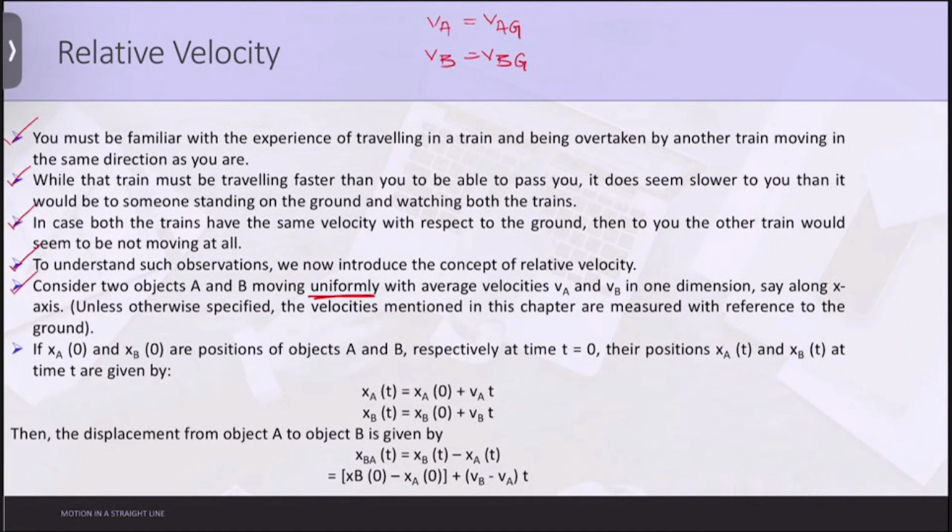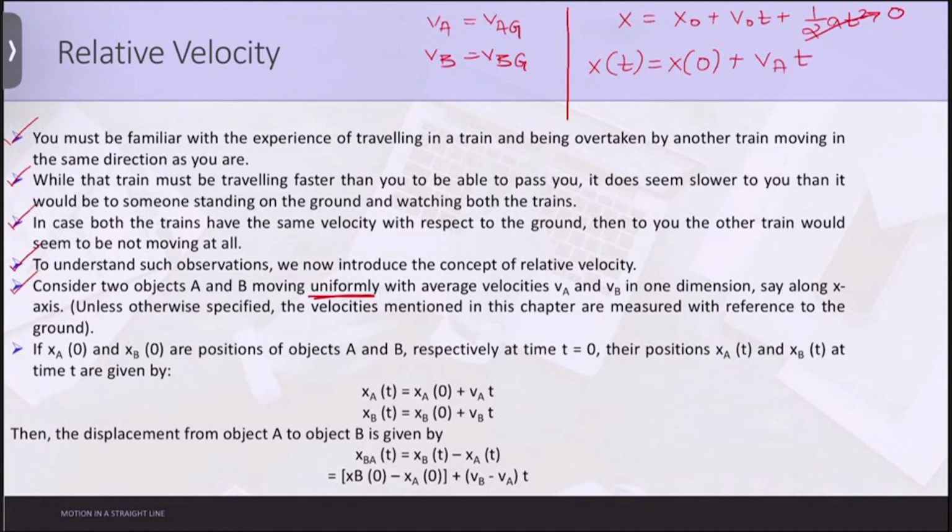How to calculate this? Because there is no acceleration happening, it is moving uniformly with average velocities. We know that x is equal to x naught plus v naught t plus half a t squared. As a is 0, this term gets removed. So x at some time t is x at time 0 plus the velocity times t.